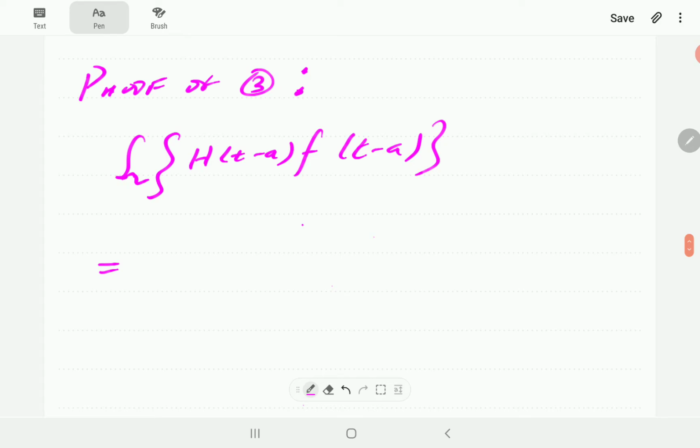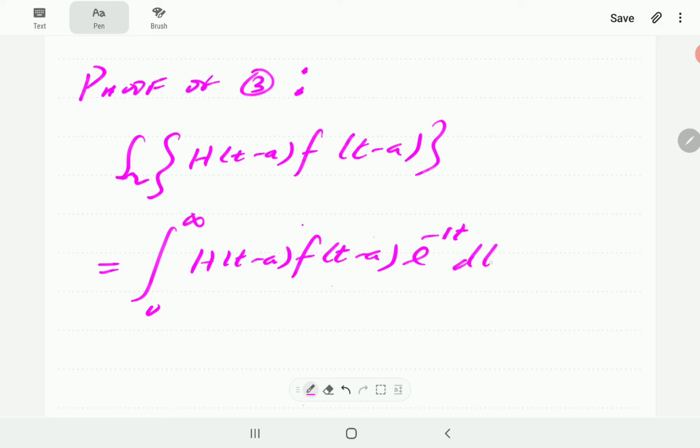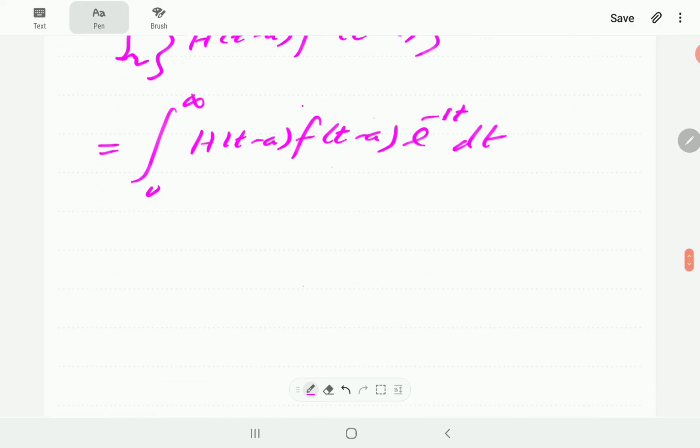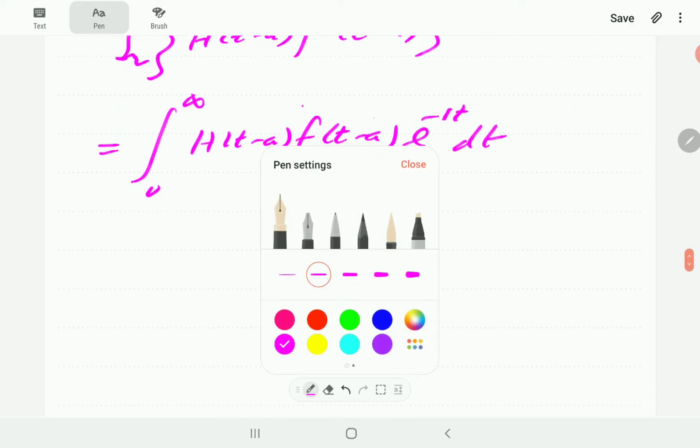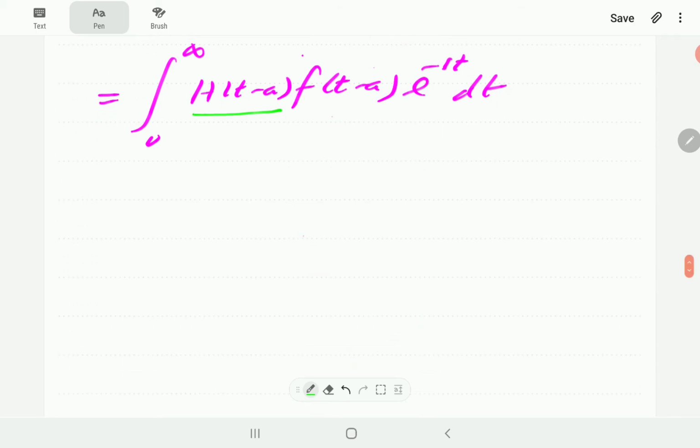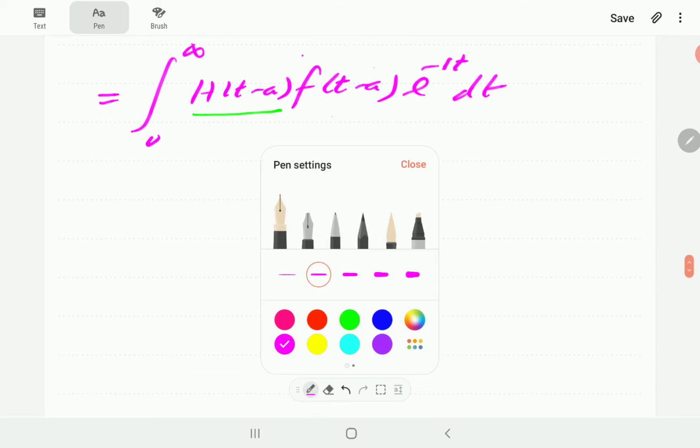Again, plugging this into this integral, h of t minus a, f of t minus a, e to the minus st dt. And then again, between 0 and a, this is going to be equal to 0.